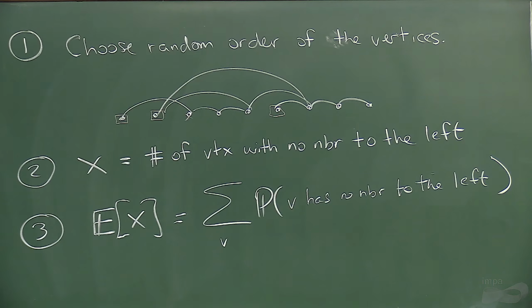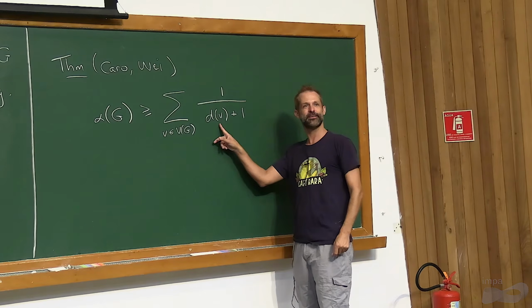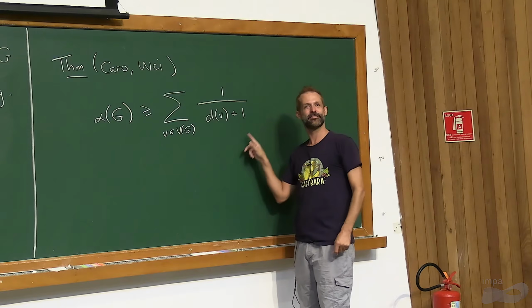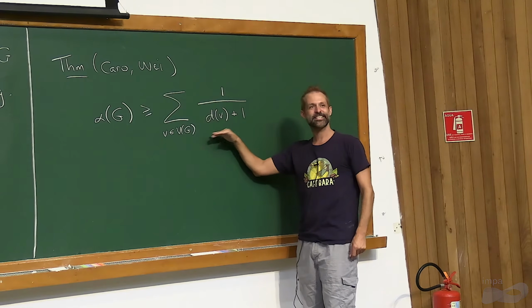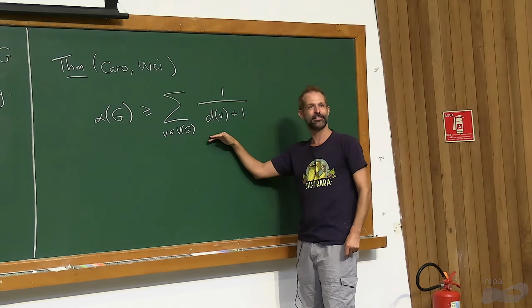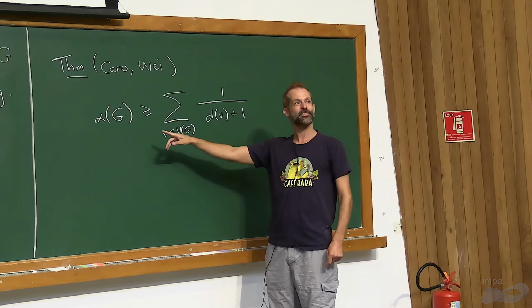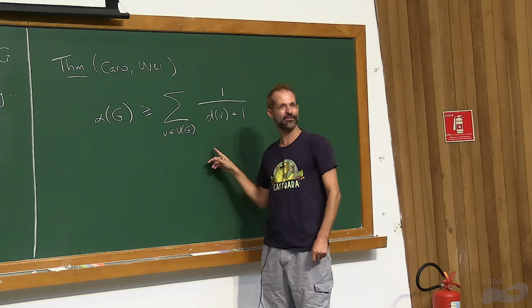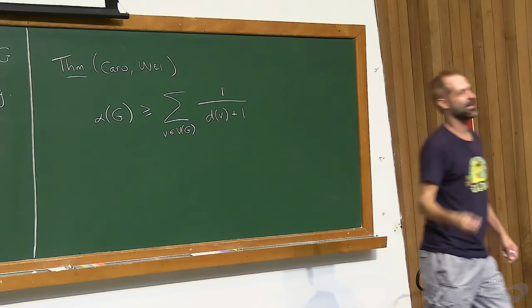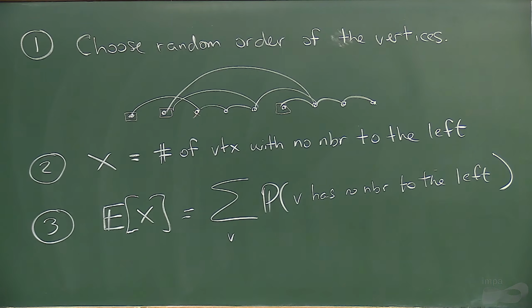Exactly. v has to be the first one of itself and its neighbors. So this is exactly the expectation of x. So with positive probability, our x is at least the expectation, so there must exist an independent set of this size. And we're done.